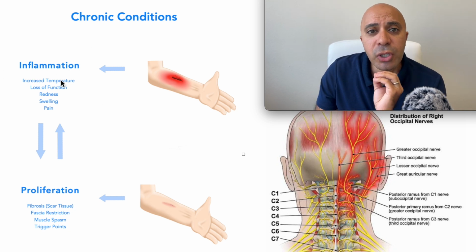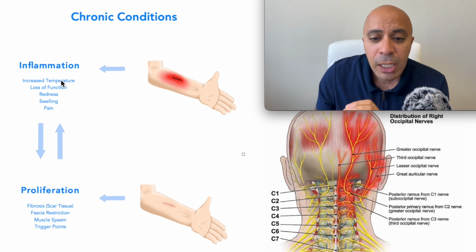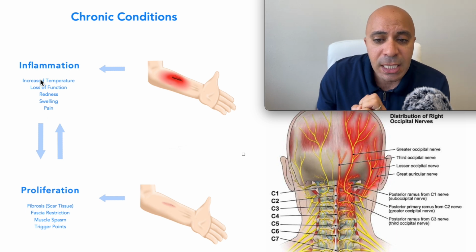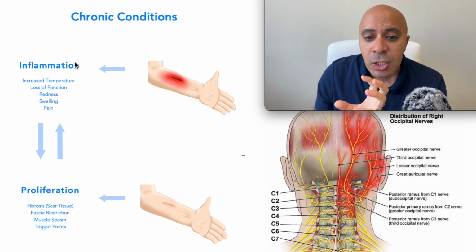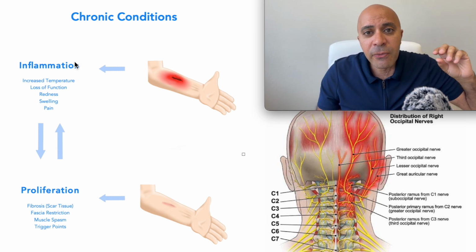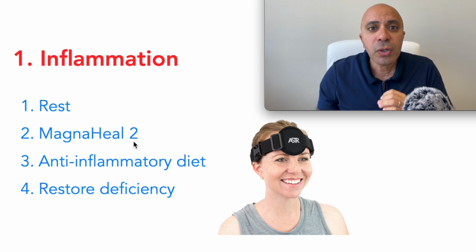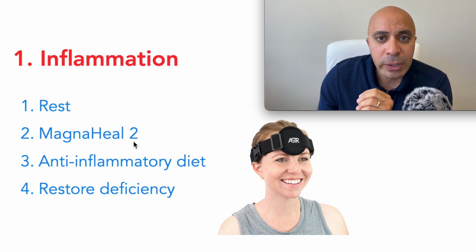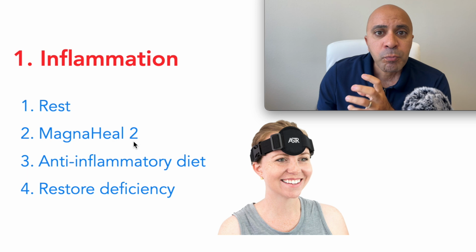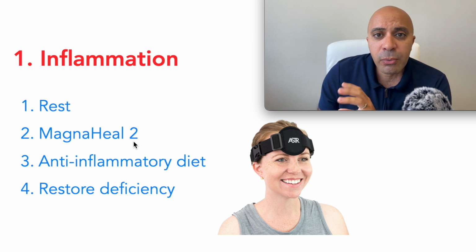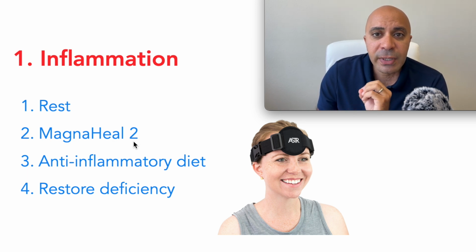So in order to treat the root cause of the problem, we need to break this vicious cycle of inflammation and proliferation. The first most effective, powerful treatment that has to be started is decreasing inflammation. If you are in the acute stage of inflammation, resting for 3-4 weeks should be enough to resolve the symptoms.